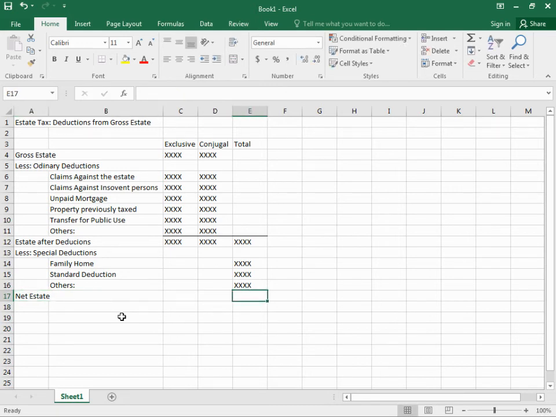So that is our net estate. Then, from this, dito na ba natin i-compute yung ating estate tax? No, not yet. Kailangan din nating tanggalin yung portion ng ating spouse kung married yung ating decedent.